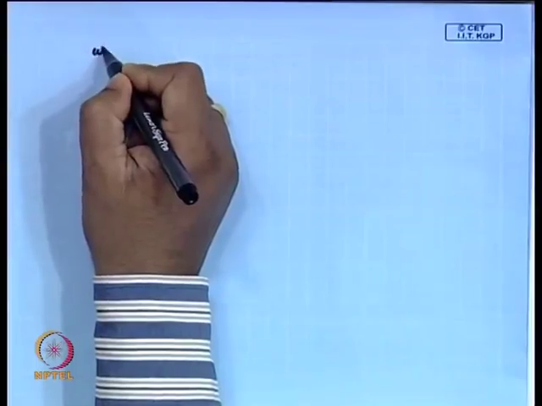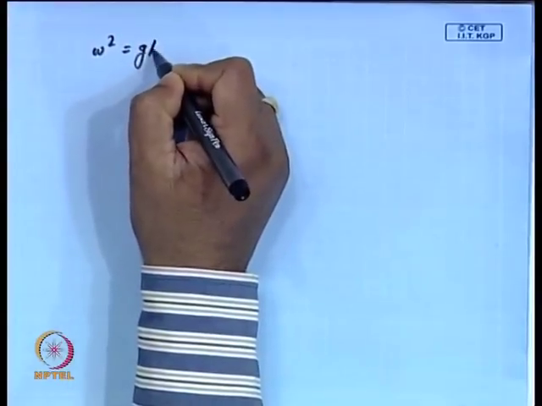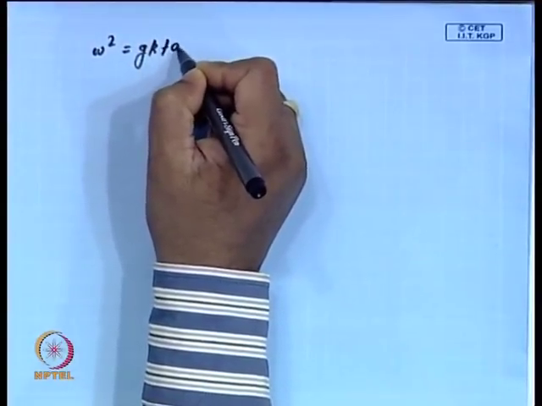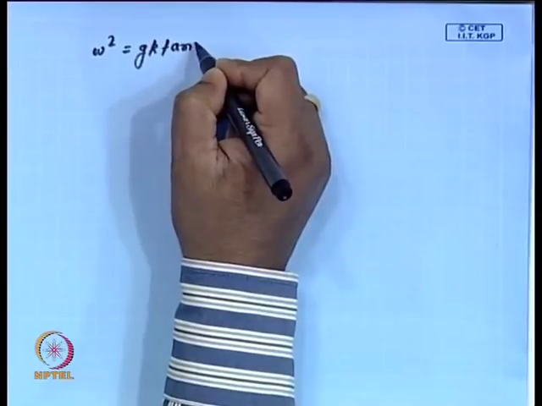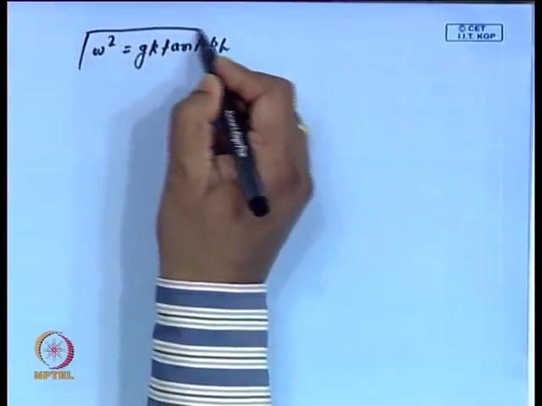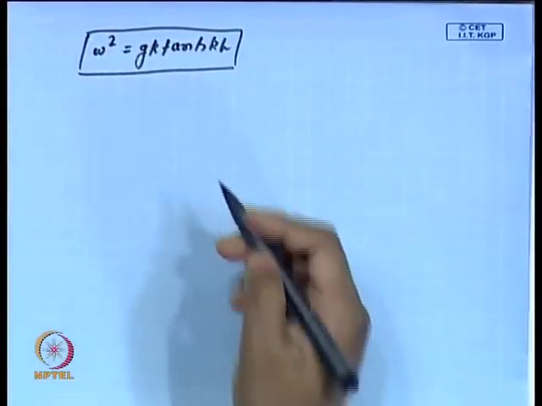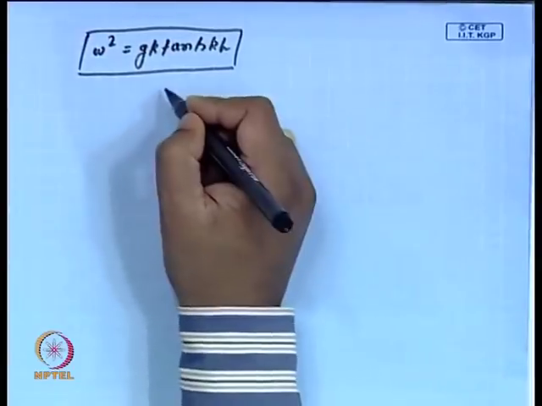Another important thing, which we will derive later, but let me first introduce, is a relation between omega and k, that is omega square is equal to g k tanh(k h), and this is a relation. In fact, for almost all waves such a relation exists, and I call that relation the dispersion relation.